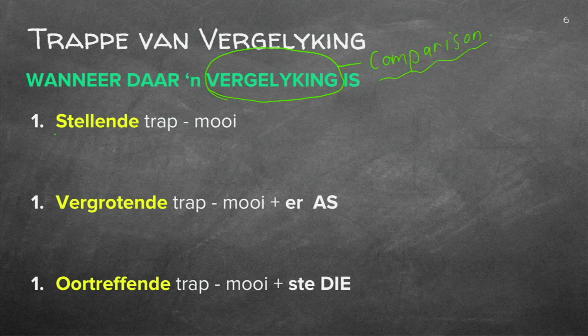Die stellende trap is die eerste een, and that is the original form of the word mooi. The second one, die vergrotende trap, this is our comparative step. We're still using mooi. Now we are going to add ER, and the word that we are looking out for is as.